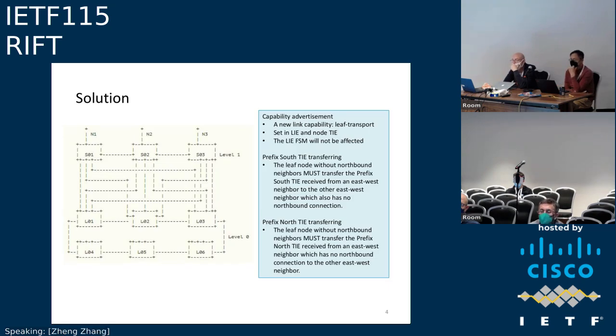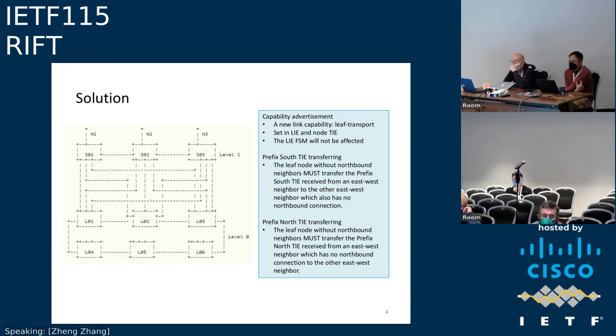In order to solve the problem, the key is to let the leaf node without northbound connection receive the prefix south tie for default route from the east-west neighbors, and send the prefix north tie to reach the leaf node which has northbound connection. This is a change for the flooding.